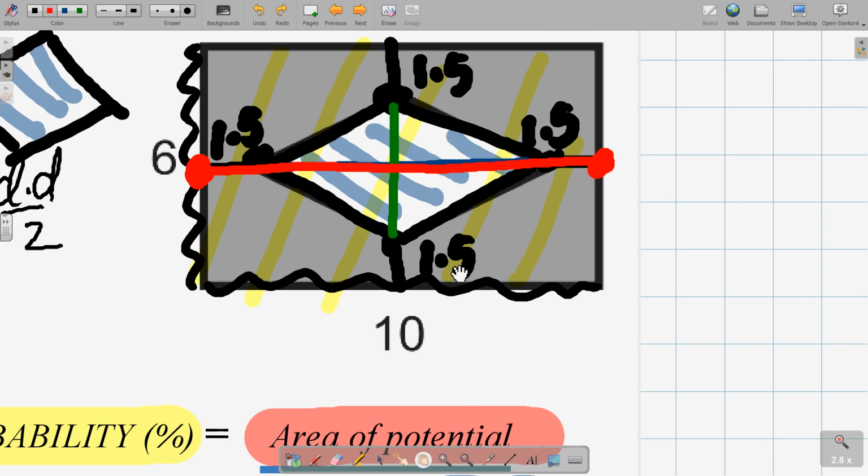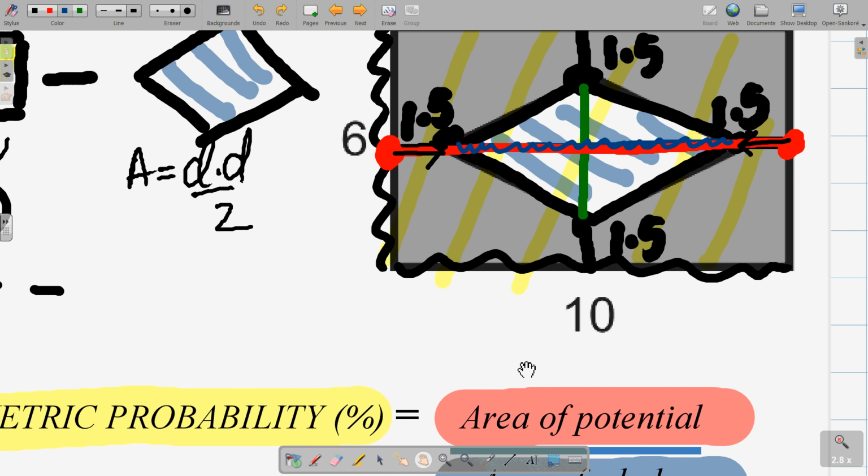Notice that length is 10. And then you're going to go in 1.5, in 1.5. That means that squiggle diagonal, the whole thing is 10 minus 3. So it's going to be 7. So one of our diagonals is 7.